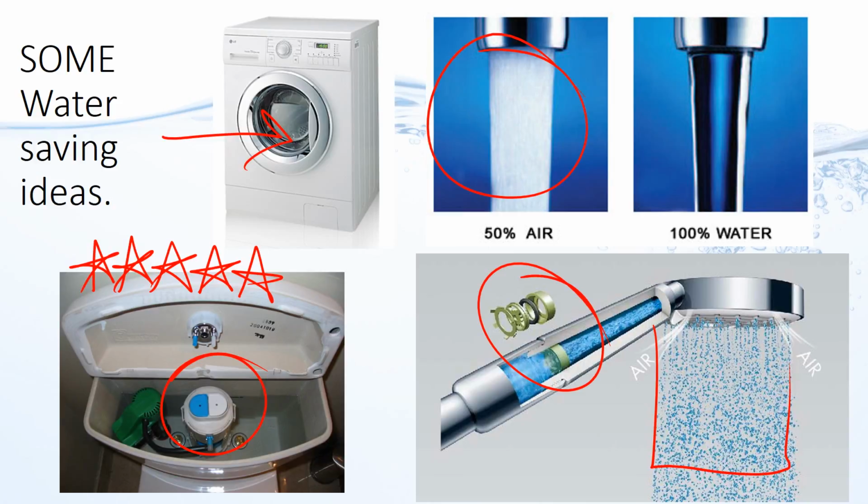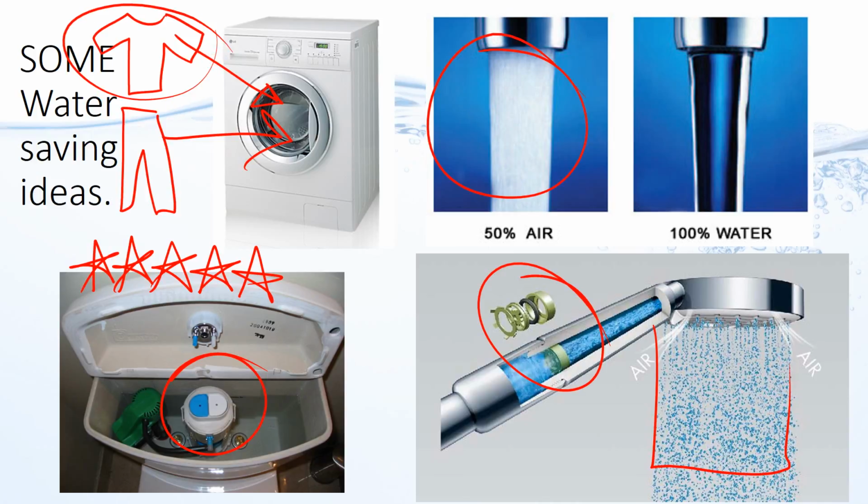Now they're the obvious ones. Maybe you can think of different ways to save water. Maybe you can cut down the number of times your washing machine is used. Maybe some people throw their jumper and their trousers in the washing machine after wearing them once instead of maybe wearing them twice before they wash them, or 3 times, or whatever the case may be, seeing it's an outer garment.